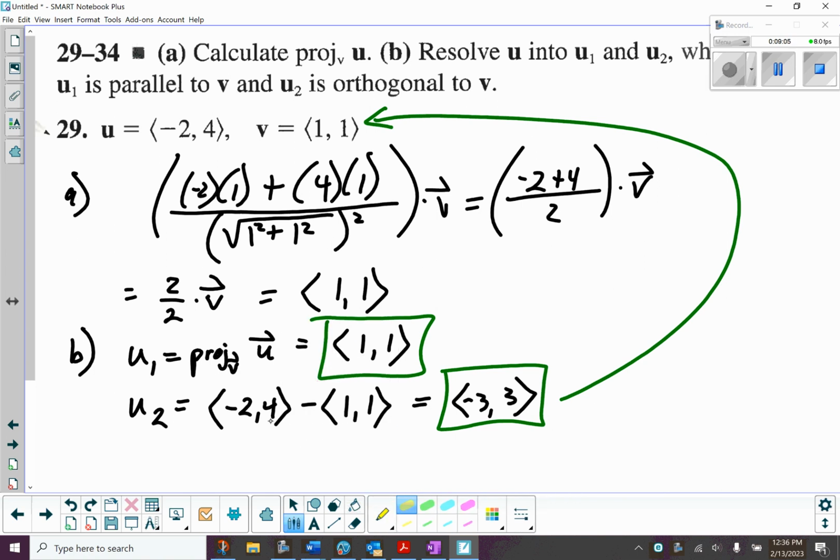I hope I don't really need to write this out. If I take -3 times 1, that'll be -3. If I take +3 times 1, that'll be +3. And -3 plus +3 gives me 0. Yes, they are orthogonal. So a quick check there just to make sure things turned out the way we expected them to.